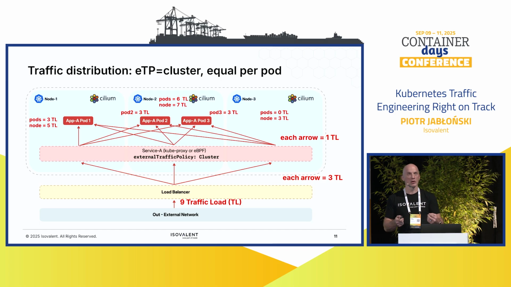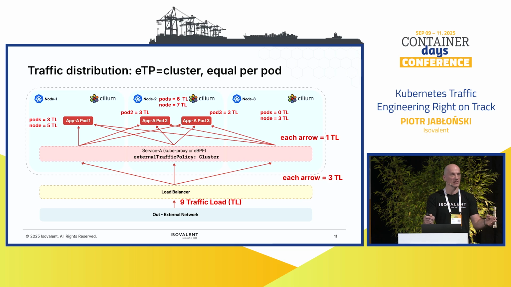Because you can make a decision about your load balancing strategy based on your fleet of nodes in the cluster, or how you spread your application across the nodes composing the cluster. If you would like to have an equal load balancing per pod, you can use this strategy.